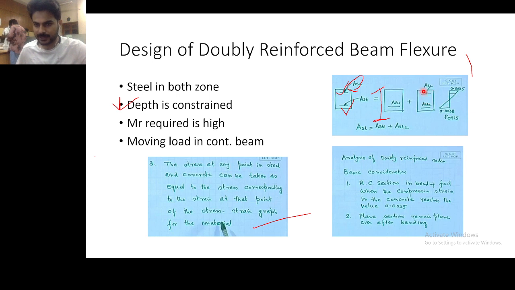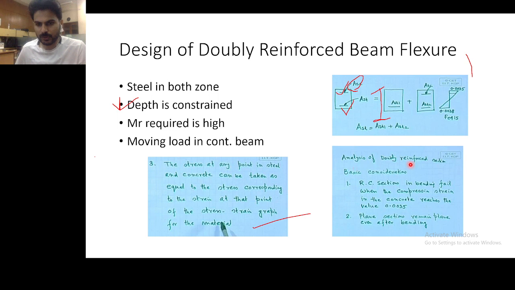ASC is the steel which is provided in the compression zone, and by this we can say that the total AST area requirement is AST1 plus AST2, and we can design the doubly reinforced beam in such a way. We will see this in the upcoming slides.